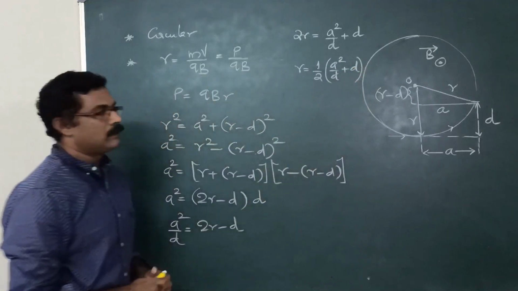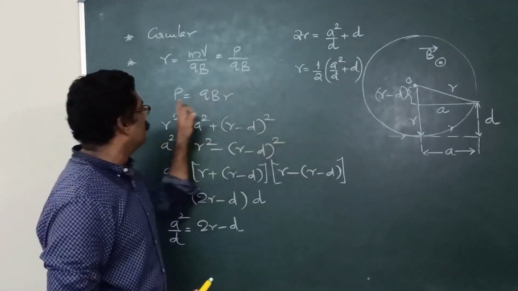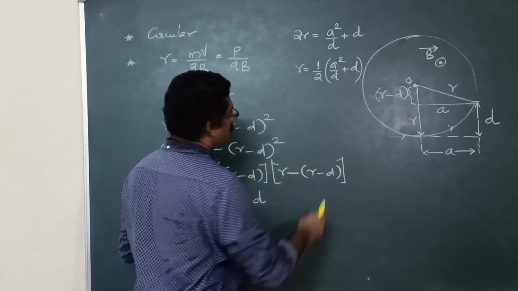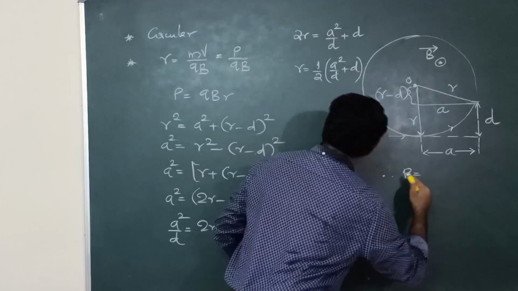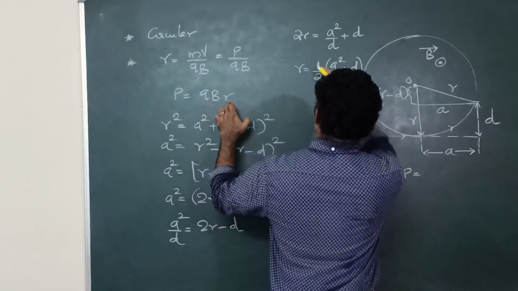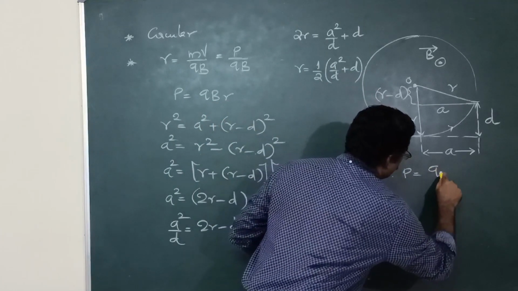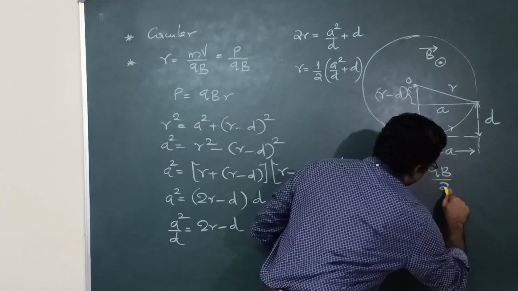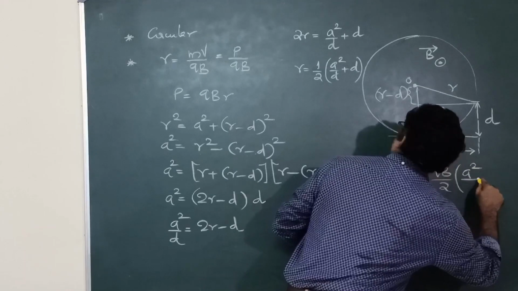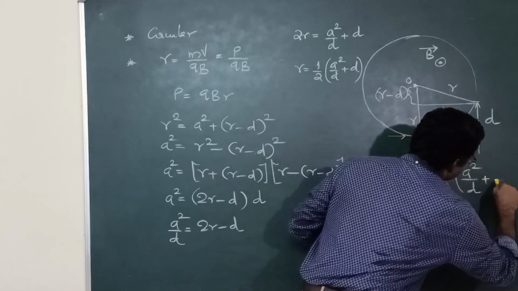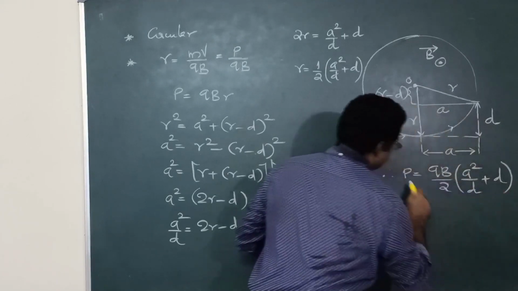So you got r. Substitute r here. Therefore the momentum of the charged particle is qB into r, and r is 1 by 2, so qB by 2 into (a square by d plus d). This is the answer.